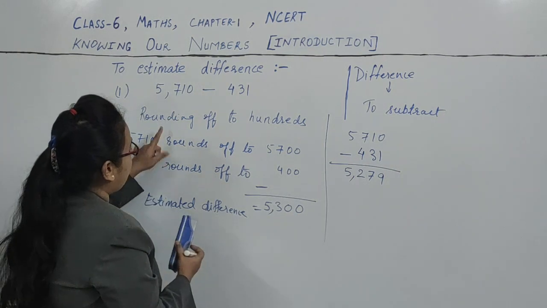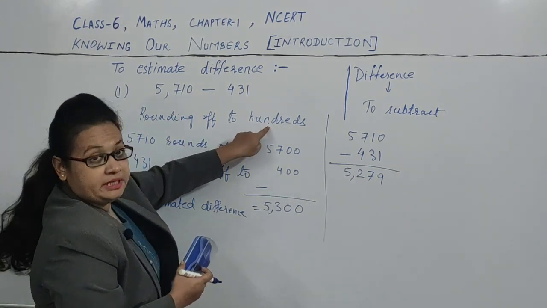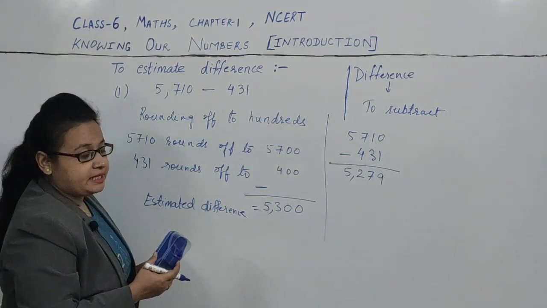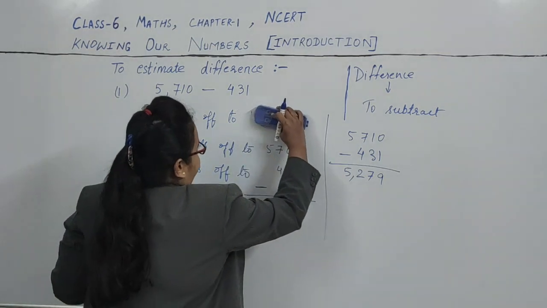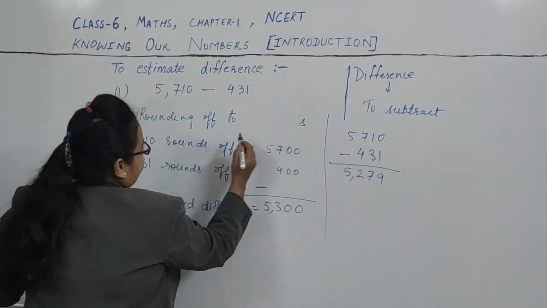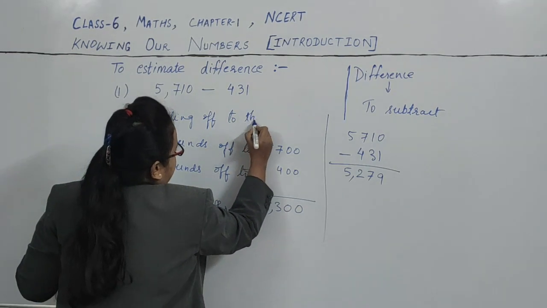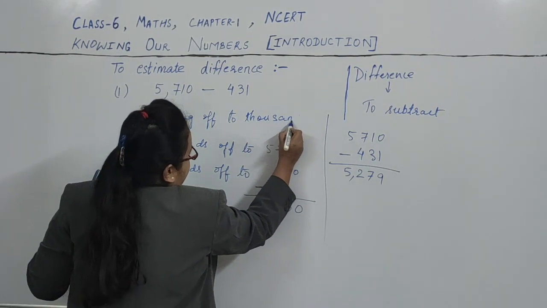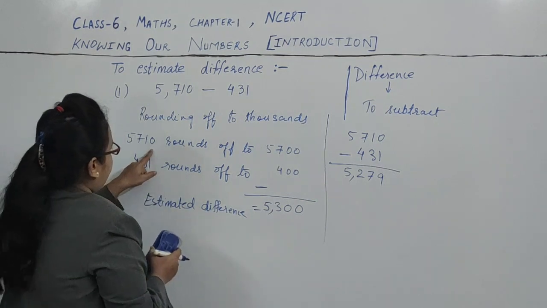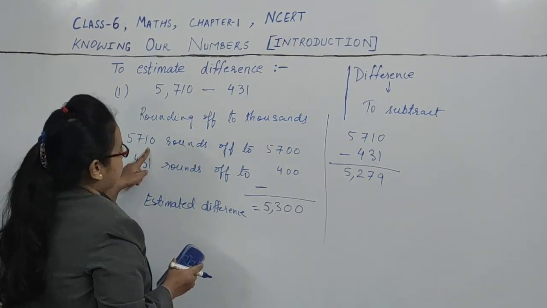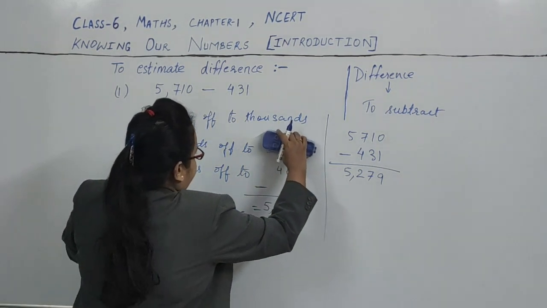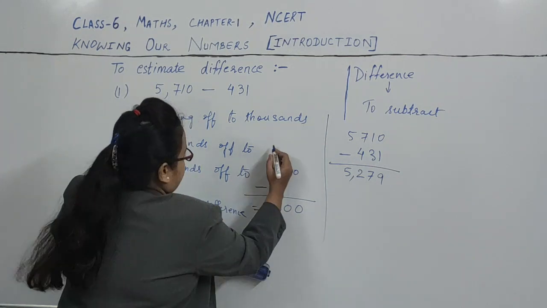But if we round off to the nearest thousands, let us see what happens. If we round off this number to the nearest thousands, this will become 6,000.